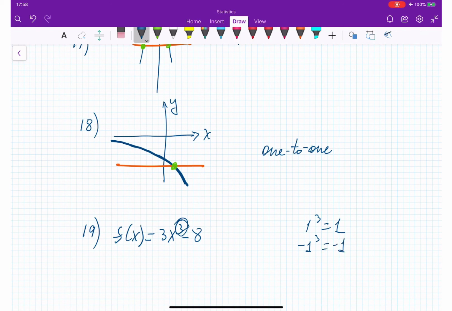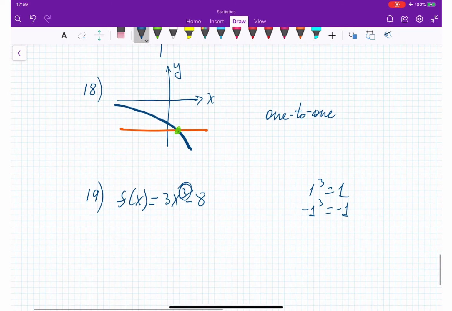So as you can see, negative 1 has negative 1, positive 1 has positive 1. Because it's a cube, we don't have several choices. Only degree 2 and 4 and 6 and 8, the positive and negative will give me one positive because its degree is even. Therefore, when degree is odd, then we have yes, 1 to 1.